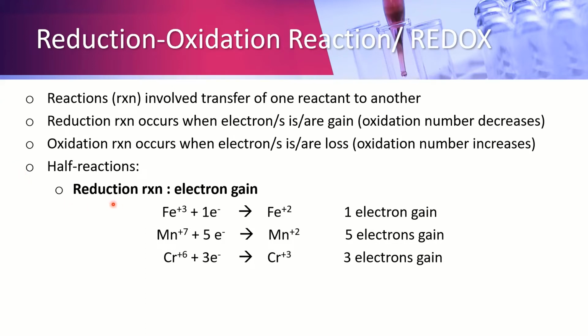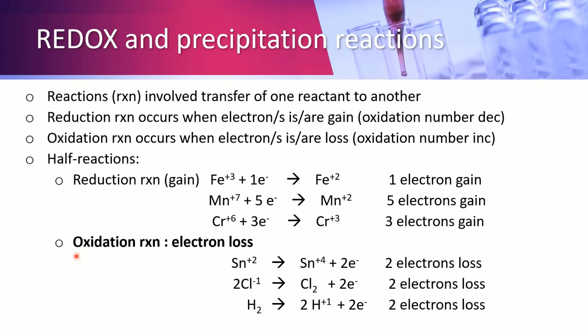In reduction reaction, for example, Fe+3 plus 1 electron gained becomes Fe+2. Manganese +7 plus 5 electrons gained becomes Mn+2. And chromium +6 plus 3 electrons gained becomes Cr+3.